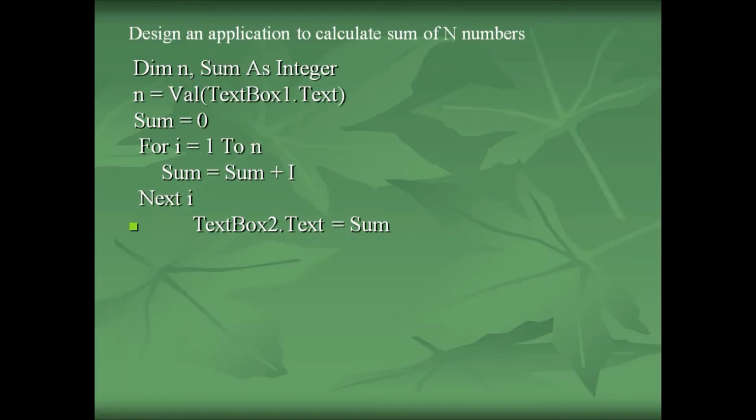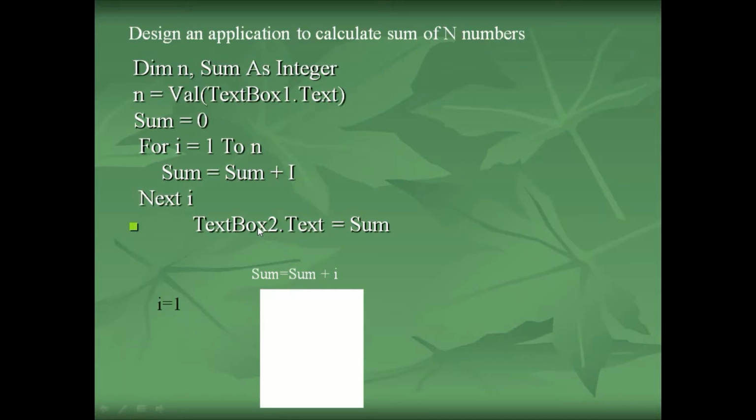Let us understand how this program works. If n is equal to 5, I is initialized to 1 first, sum value is initialized to 0 initially. So here when I is equal to 1, it enters the loop where we have the statement sum is equal to sum plus I. Initial value of sum is 0 and I value is 1.